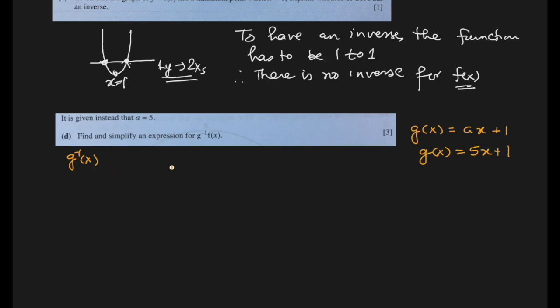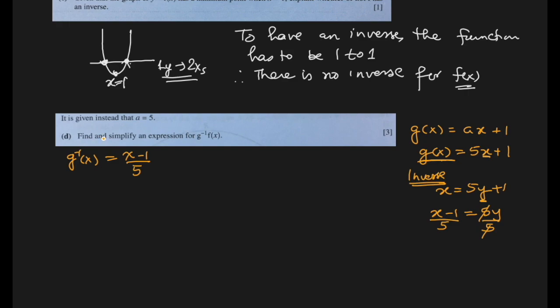For g inverse, x becomes y and g(x) becomes x. That's how we write inverse, and we have to isolate this y now. So it becomes x minus 1 equal to 5y, and divide by 5. So this becomes g inverse x, which is x minus 1 over 5.